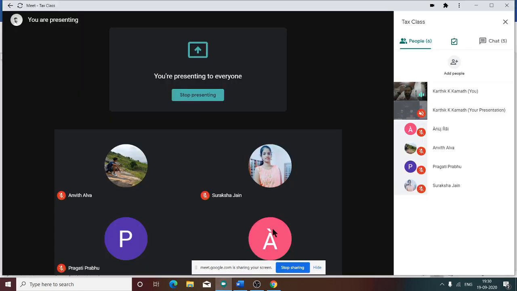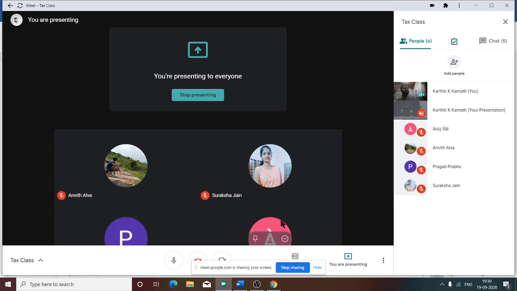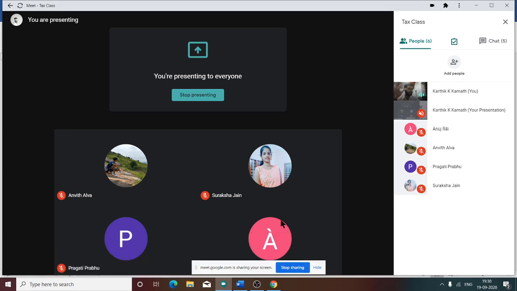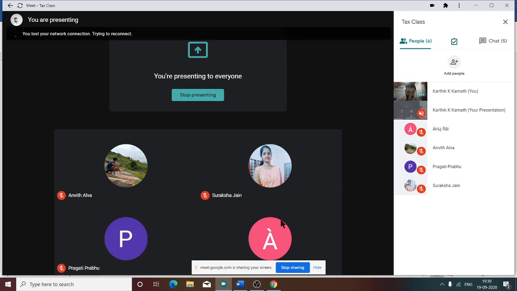For individuals they have given additional conditions. Now my question is whether the additional conditions for individual and HUF are one and the same. Can you tell me now?